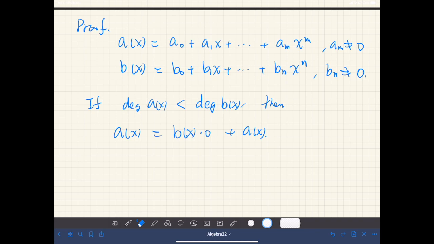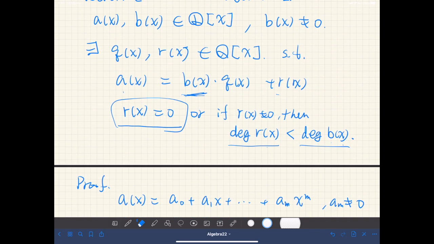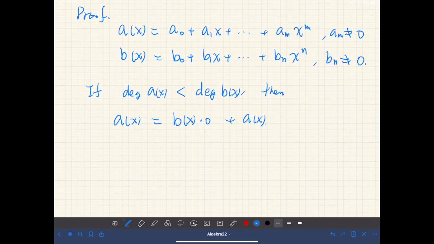So this expression satisfies this form, right? So in this case, q is 0 and r of x is a of x, and the degree of a of x is less than the degree of b of x by assumption. So that is okay.